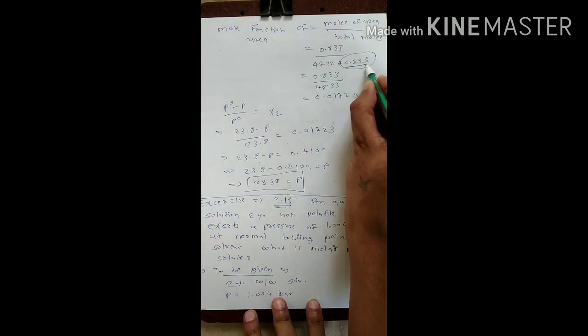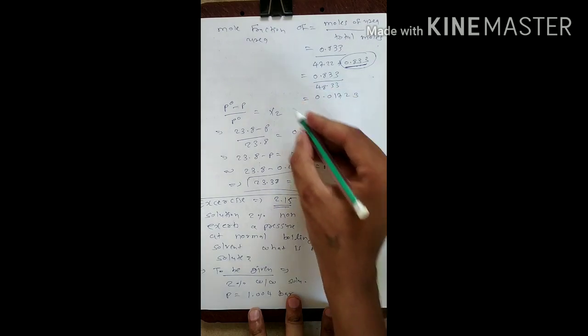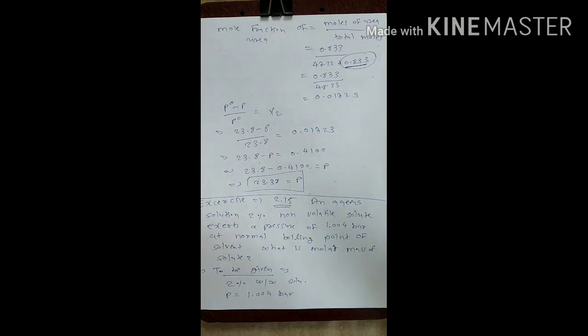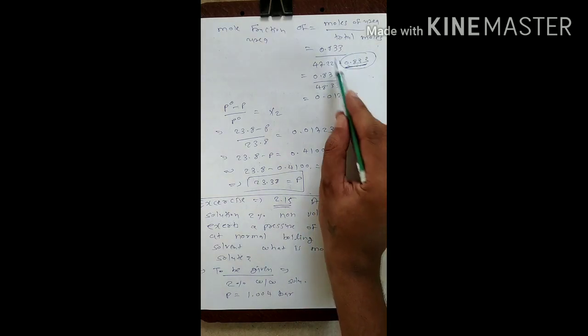If the moles of solute is less than 0.5, then you can neglect it, otherwise you have to consider that value. So it is greater than 0.5, so I am considering that value.